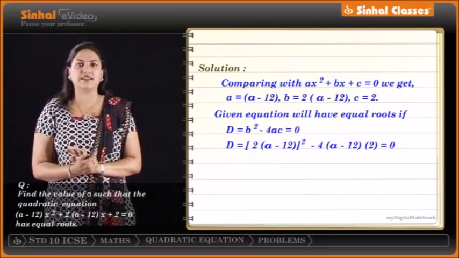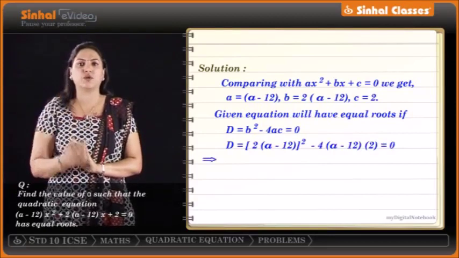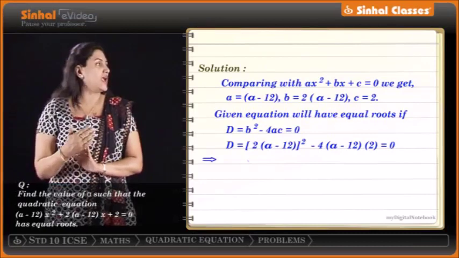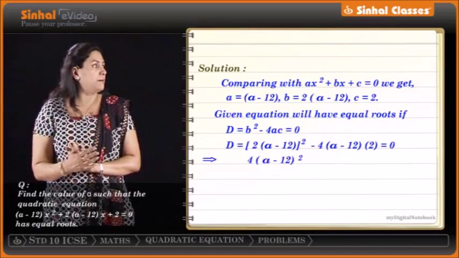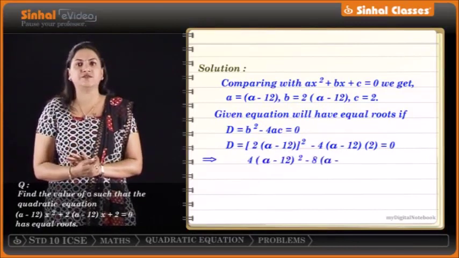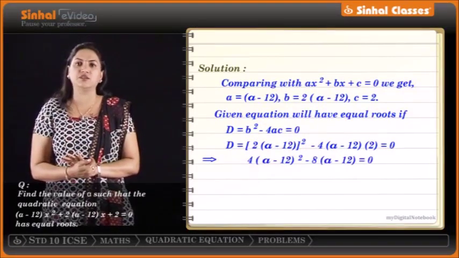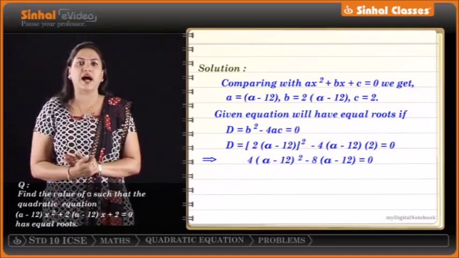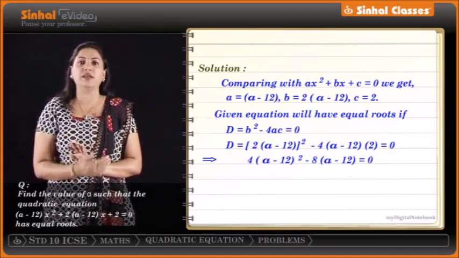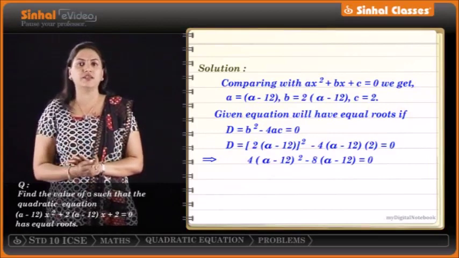Now we simplify this as 2 square will give us 4 and (alpha minus 12) the whole square minus 8 into (alpha minus 12) is equal to 0. Now from these two terms we have (alpha minus 12) common and also 4 is common.